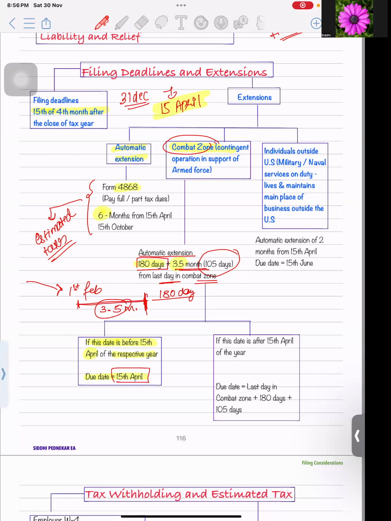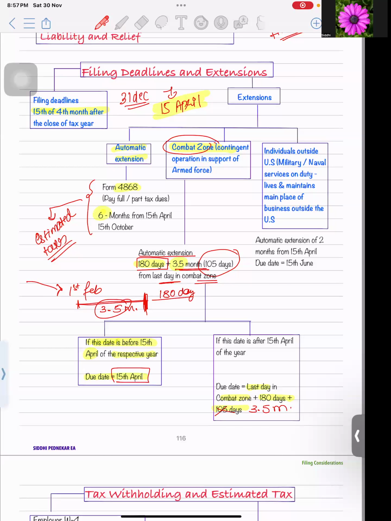If this 3.5 months is falling after 15th April, then the due date will be the last day in the combat zone plus 180 days plus 3.5 months.